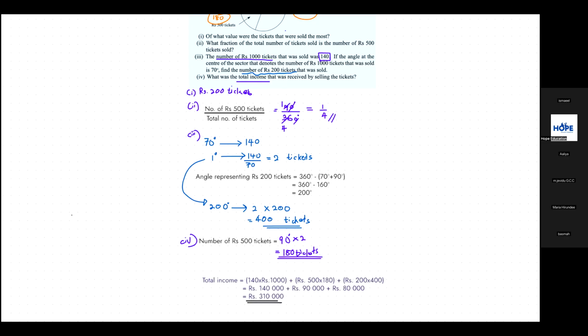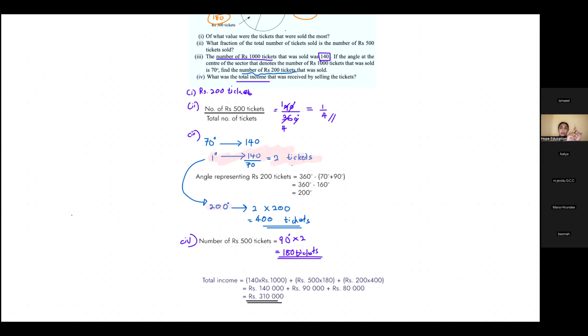Did you understand how we got this part? Let me first close this. Did you understand how we got this part? Yes. How? Are you sure? 1 degree, how it represents 2 tickets. Is that clear? Yes. All right. So now here we have 200 degrees.